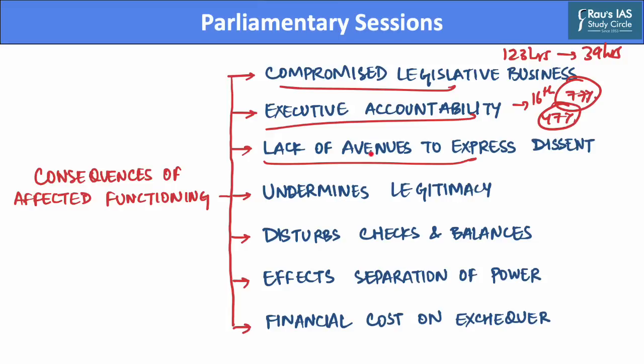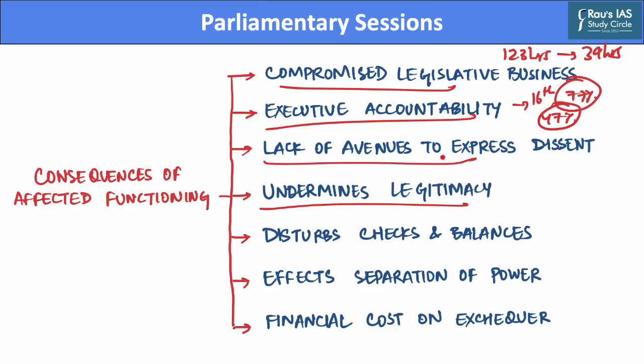Also, affected functioning of the parliament undermines the legitimacy of the institution, as the decrease in the number of sittings of the parliament adds to its poor image as the highest law-making authority in the country and contributes to undermining the respect that representatives have in the eyes of their citizens.